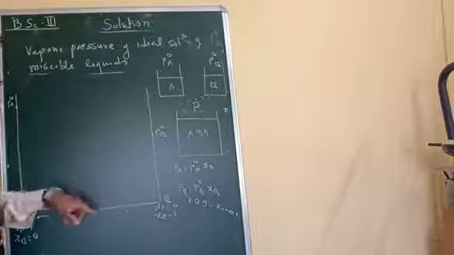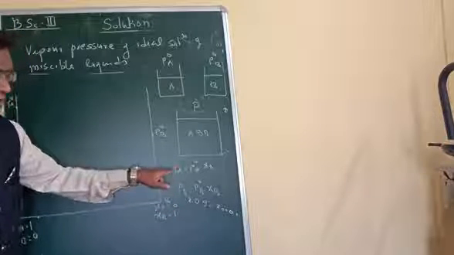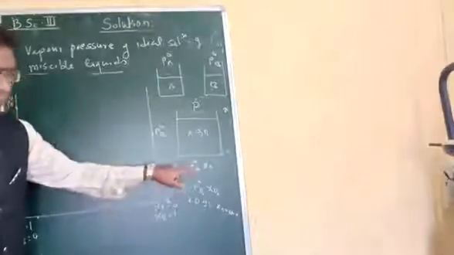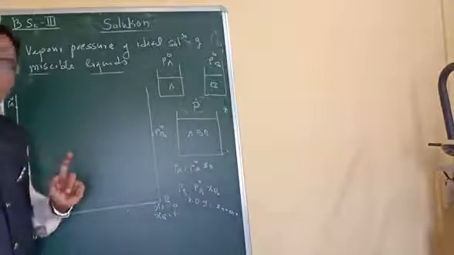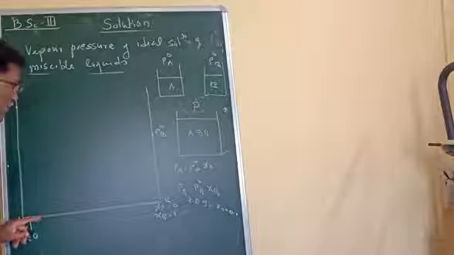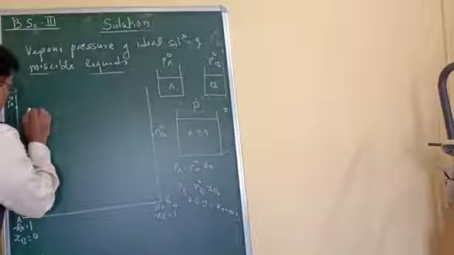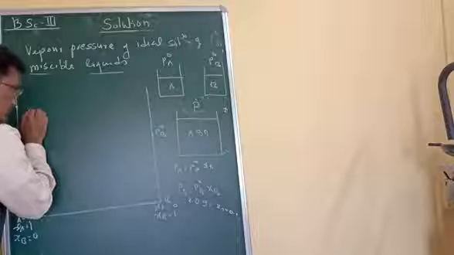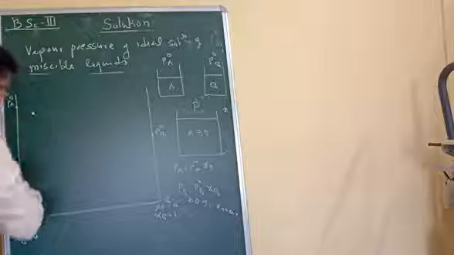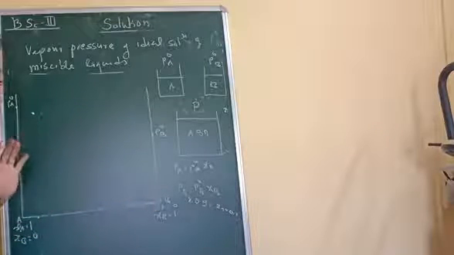Here we calculate the vapor pressure of component A in that particular solution, that is the partial vapor pressure of A. Now if we determine the partial vapor pressure of A using Raoult's law, that vapor pressure decreases. This is the vapor pressure of component A in solution.